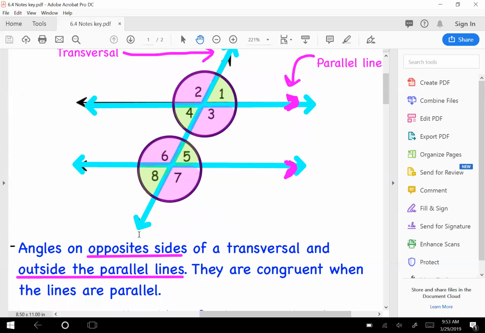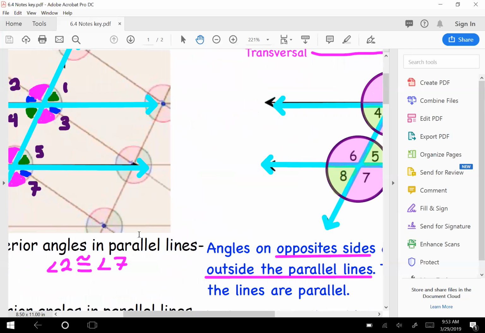So what does 2 go with? 7. Because these are opposite sides of the transversal, alternate. They are exterior, outside. They're not in the middle, in between the two parallel lines. So 2 and 7 are alternate exterior angles. And because these lines are parallel, they are congruent. Angle 2 and 7.